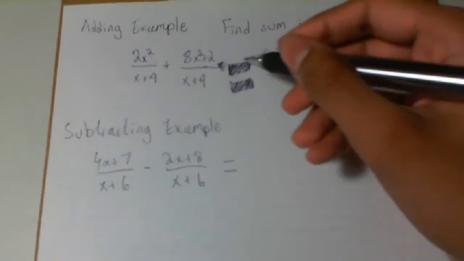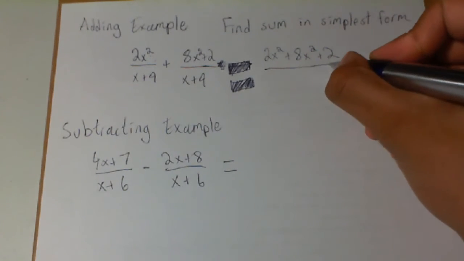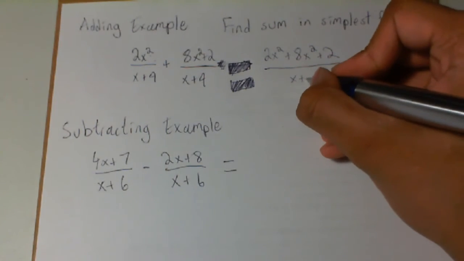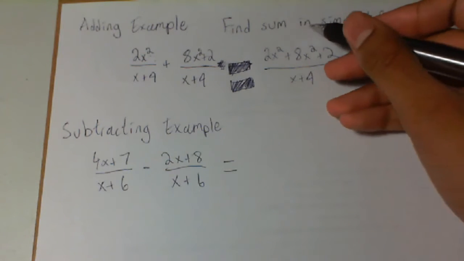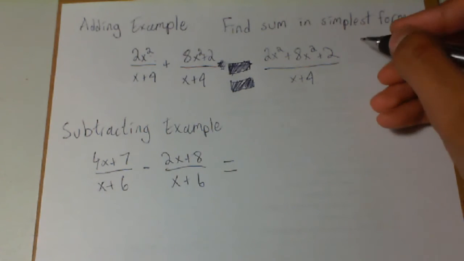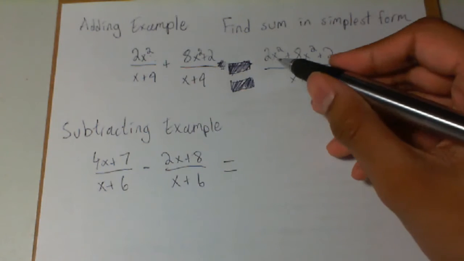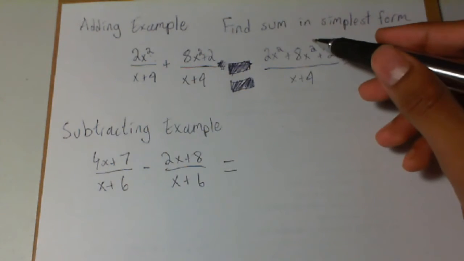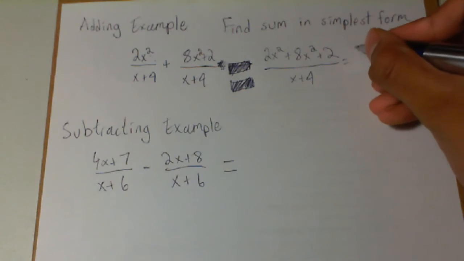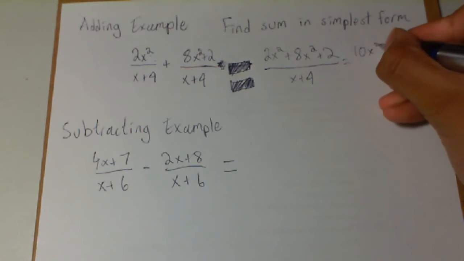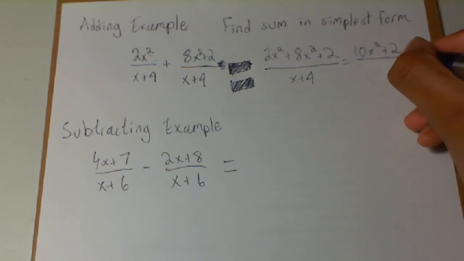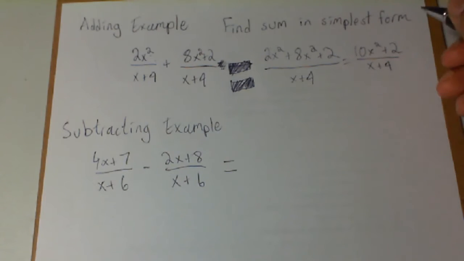And since it's the same denominator, we can just put everything over that single denominator. And since it's asking for the simplest form, we add these like terms, right? Because they're both x squared. 2x squared plus 8x squared is 10x squared plus 2 divided by x plus 4.